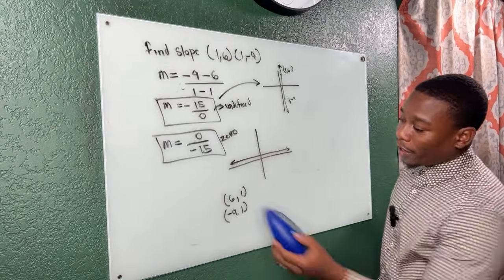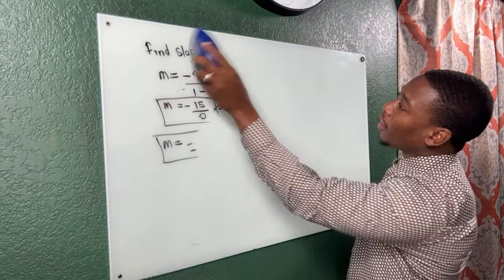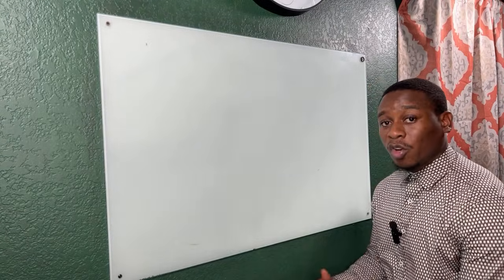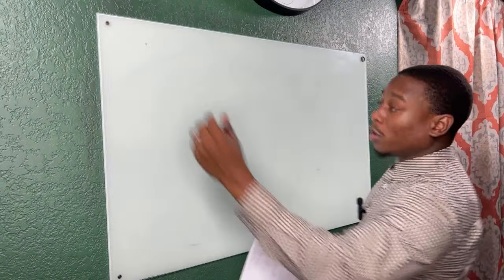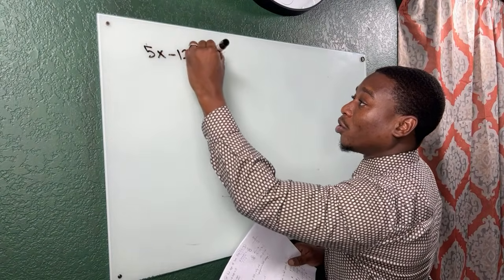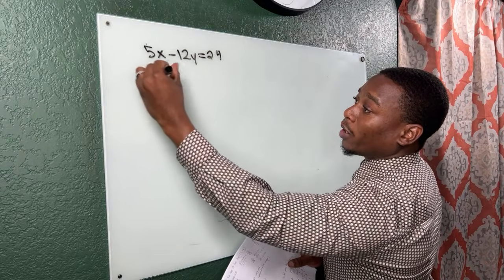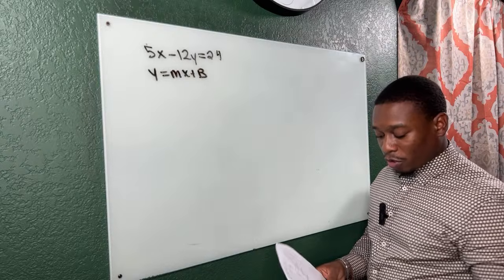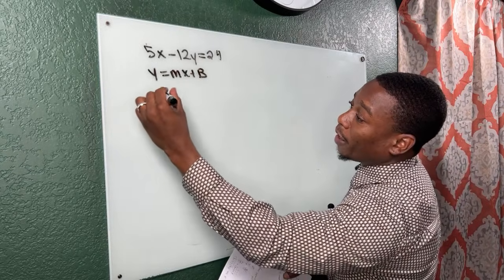Now, the next thing that they're going to ask you is this. They're going to give you an equation in standard form, and they want you to write it in slope-intercept form. So let's say we had this. 5x minus 12y is equal to 24. We want to get it to y is equal to mx plus b. So the first thing we're going to do is subtract 5x.